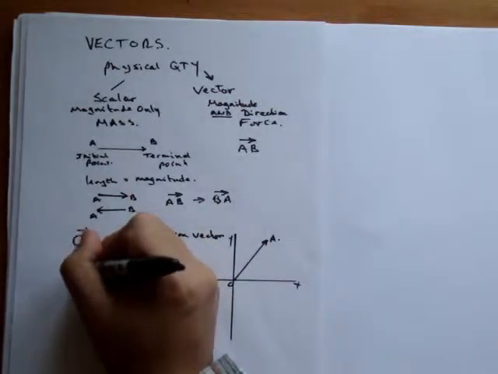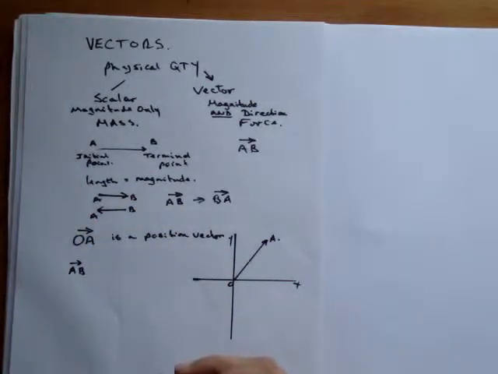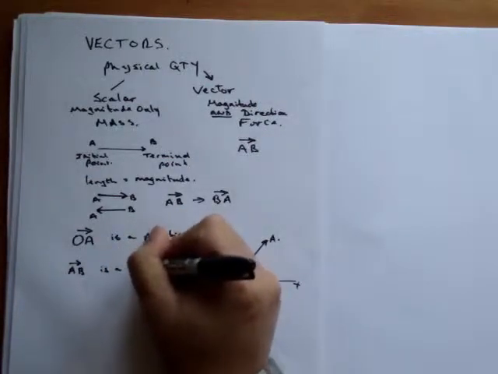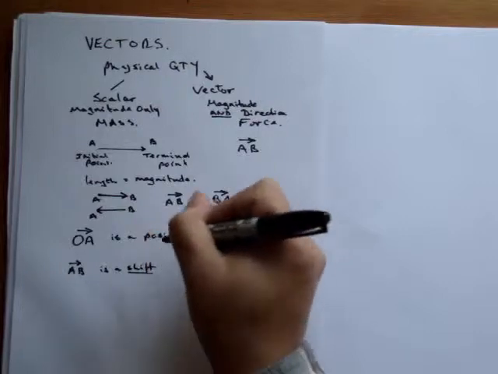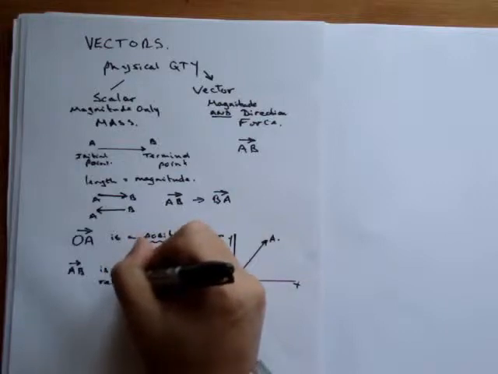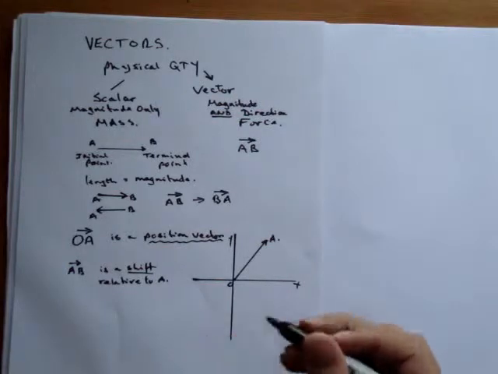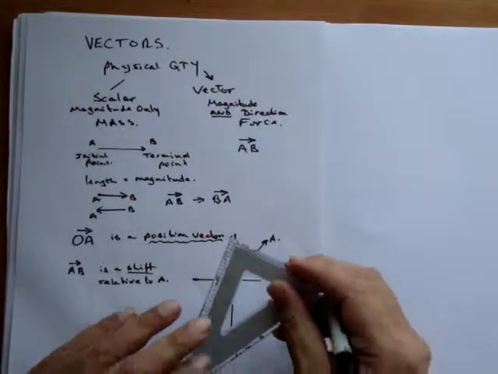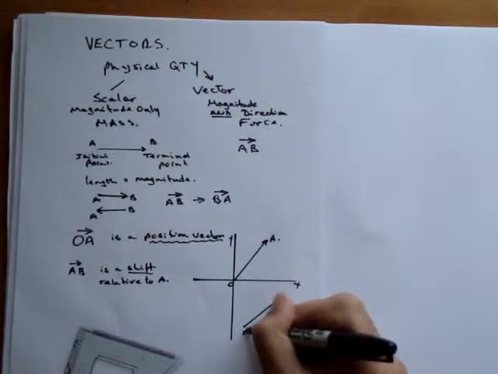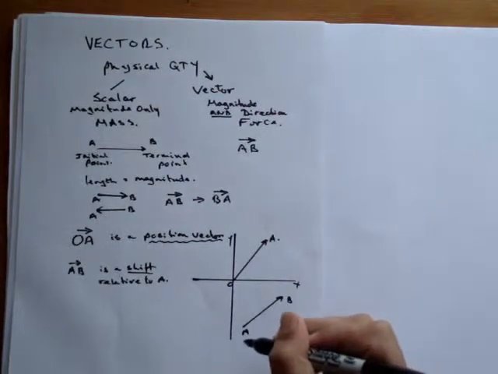AB, we write AB, this is a shift relative to A. So what we mean by that is, if we had AB along here, this would be AB, and we consider that as a displacement vector.